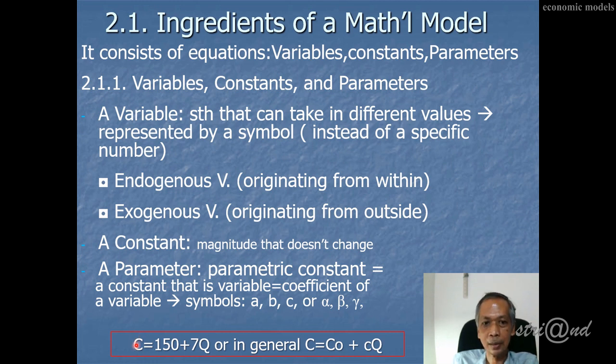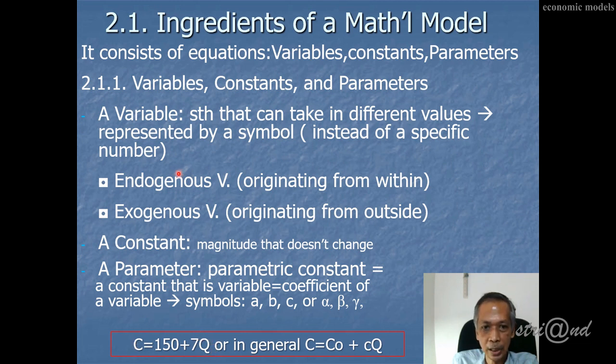And also, a variable can be in the form of an endogenous variable, with values originating from within. C here is an endogenous variable because the value of C is originating from within this equation. The value of C is influenced by the constant and also the parameter and also Q as another variable in this equation.